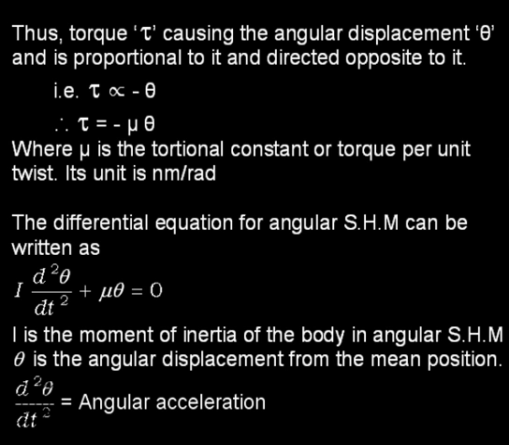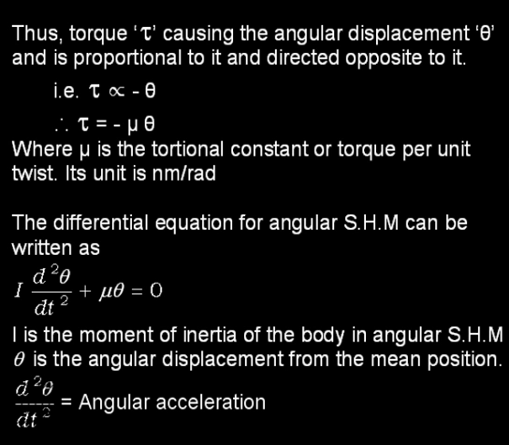Thus, torque tau causing angular displacement theta is proportional to it and directed opposite to it. Hence, tau is proportional to minus theta, or tau is equal to minus mu theta. Mu is called torsional constant or torque per unit twist. Its unit is Newton meter per radian.